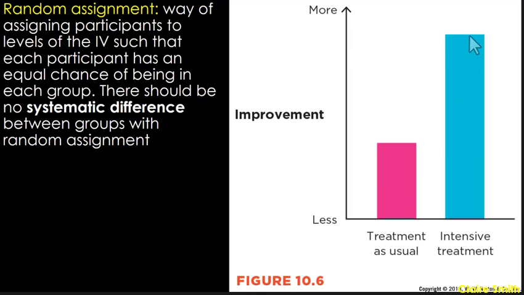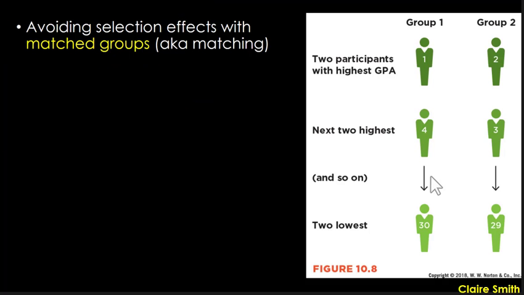So we're not necessarily sure that the treatment itself is what's causing the improvement. To do that, you would have to have complete random assignment to make sure that participants in both groups are equally represented.